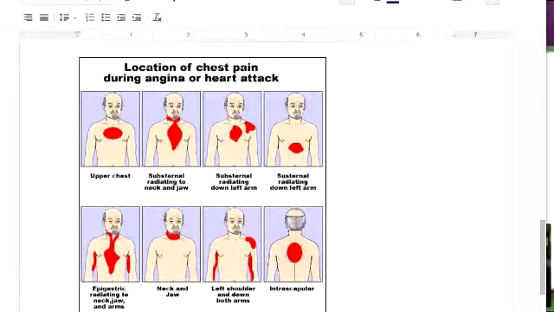If you can look at more of the note, because in coding we're given more or less one statement, but if you go through the whole chart and the whole case, you'll probably find a better description somewhere of where that pain is, and you'll be able to code it better. For this one, he's having substernal chest pain radiating up into the shoulder, so it's like that third picture, and then it feels like pressure.